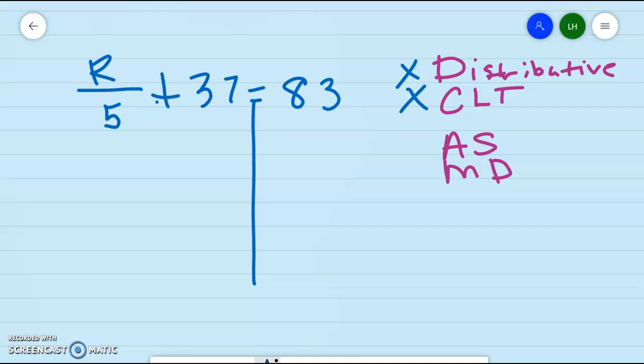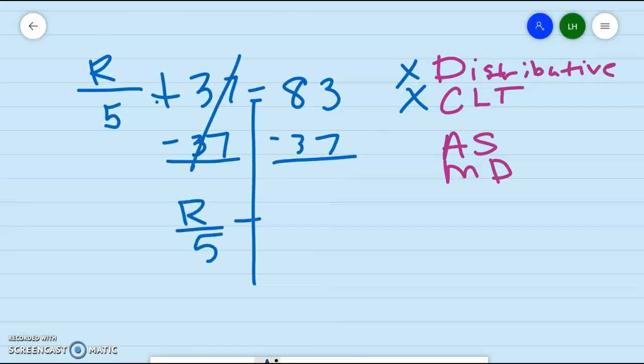So we want to go down to step 3. On the side with the variable, do we have any addition or subtraction? We have addition, so do your inverse operation. Inverse of addition is subtraction. Okay, 13 minus 7 would be 6, and 7 minus 3 would be 4.